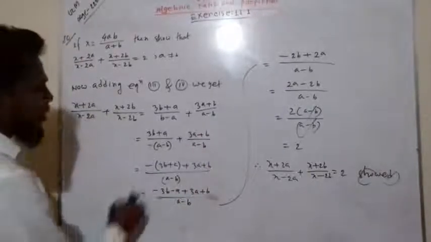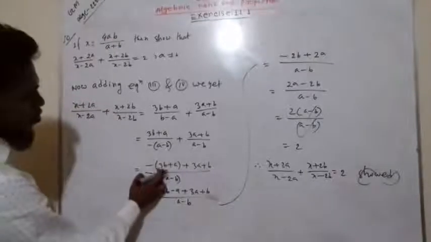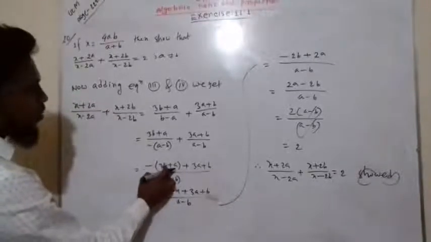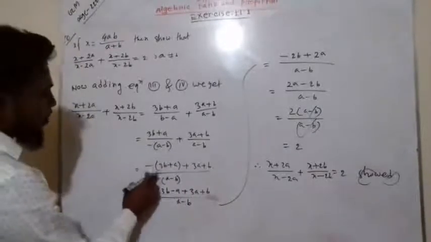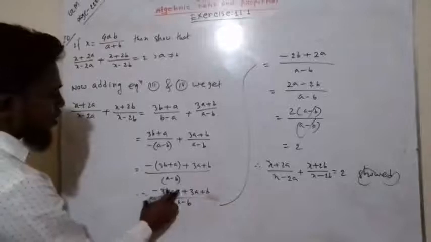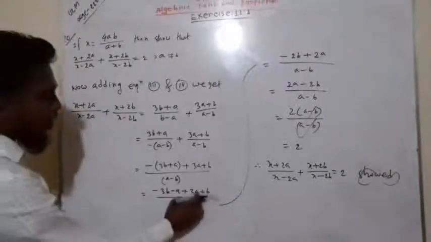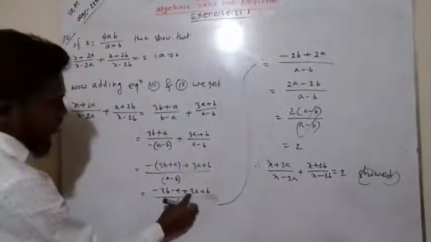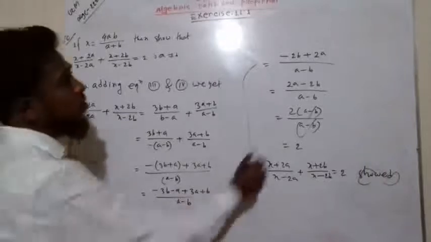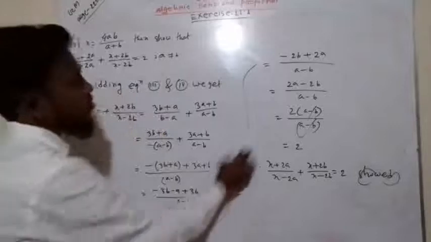Now taking LCM a minus b, so minus of (b plus 3b plus a) plus (3a plus b), multiply by minus, we can get 3b minus a plus 3a plus b. So 3b minus 3b plus b, this equals minus 2b, and 3a minus a equals plus 2a, divided by a minus b.